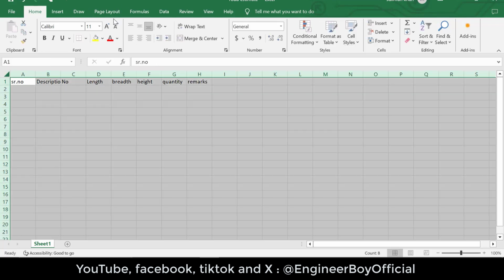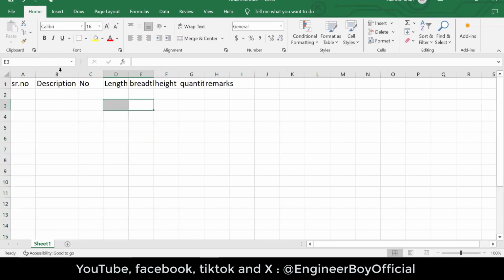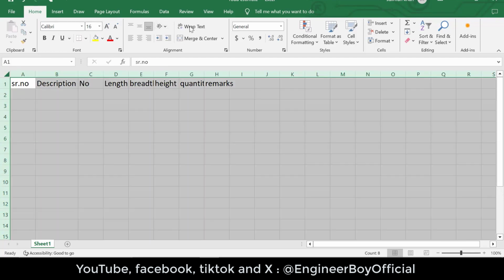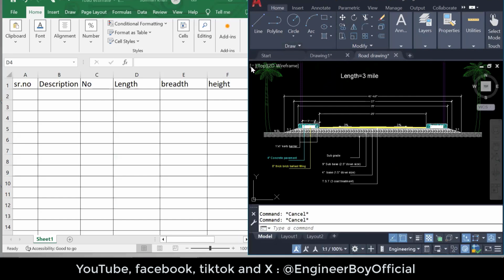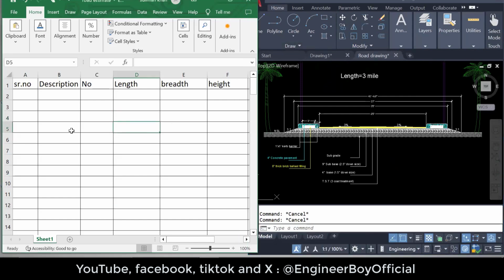I'm going to have the same thing, just like this. Let's apply wrapping to all, and have some settings so we can do it a little bit quickly. Okay, serial number first, it should be 1.